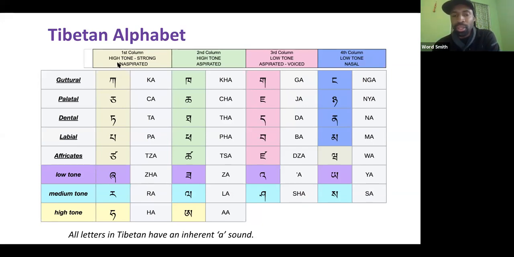Okay, so this whole column is unaspirated and high tone, like ga. The only thing that changes is where you inflect the sound. Palatal means the roof of your mouth, the front part of the roof. So this is ja, ja, ja, and same thing, no aspiration. So ga, ja, and then da, ba, za.